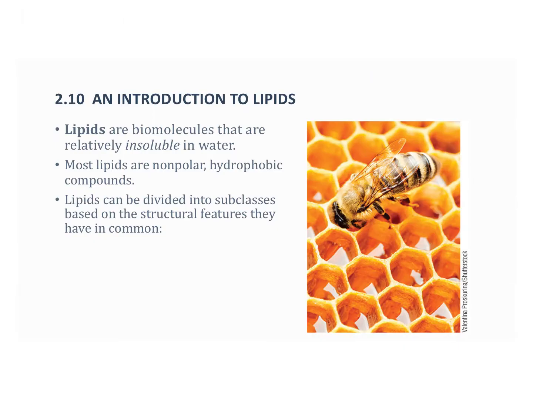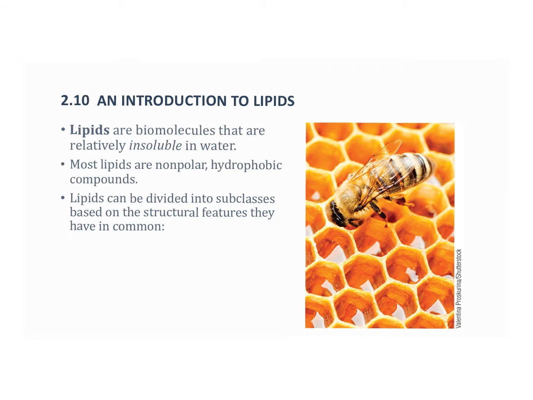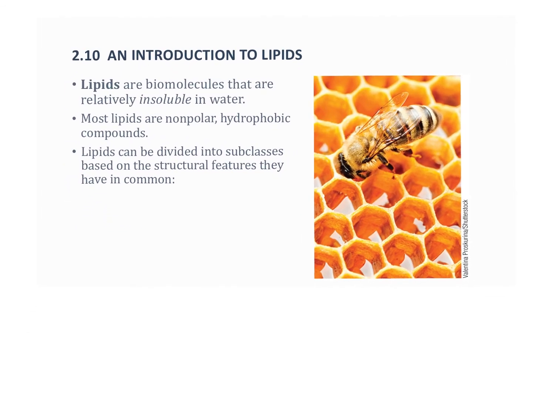We're going to finish the chapter talking about lipids. Lipids are the fourth class of biomolecules, and these are the ones that are characterized by their solubility. Most of our lipids are going to be nonpolar hydrophobic compounds, so that means they're relatively insoluble in water, and they can be divided into four subclasses.